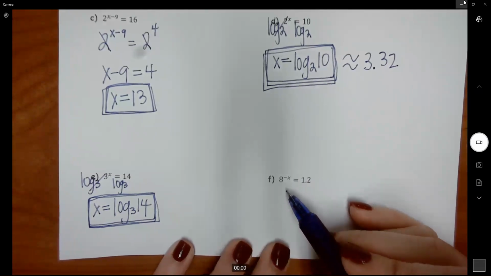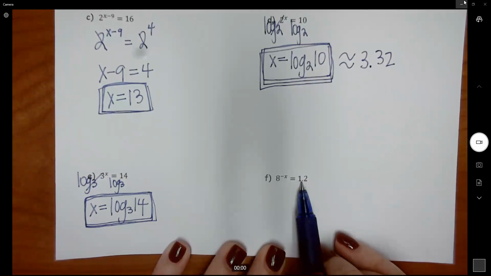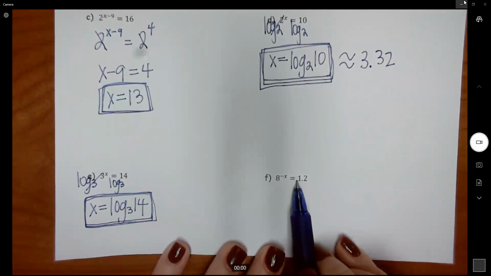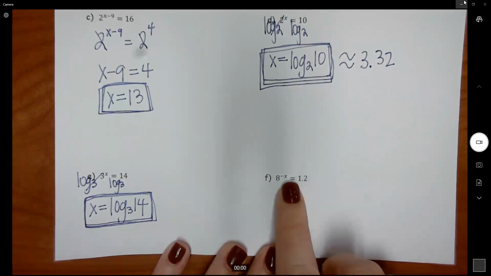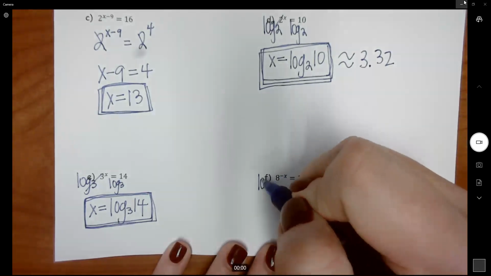Okay, do the same thing here. I can't get this 1.2 to have a base of 8, or vice versa. I can't get this 8 to have a base of 1.2. So because this side over here has my exponent, I want to match its base with the same log base.